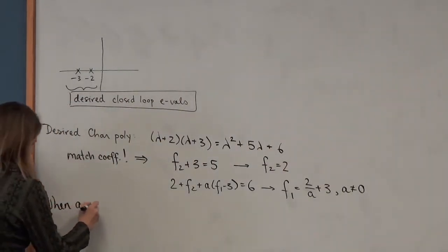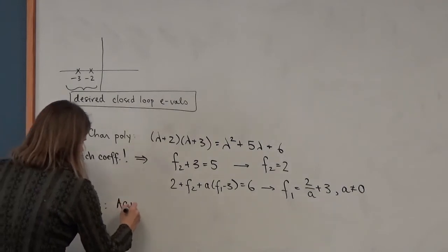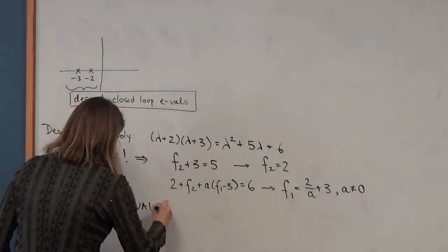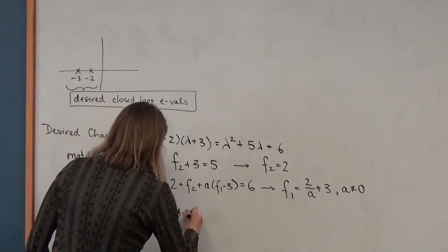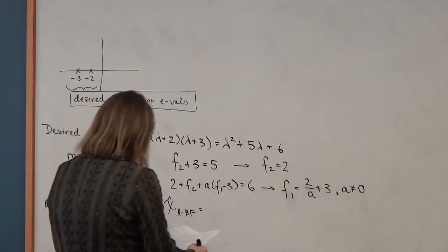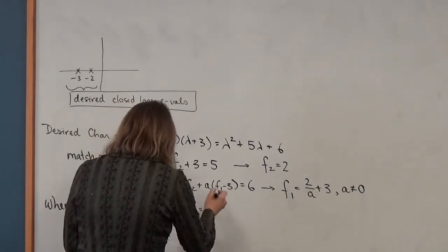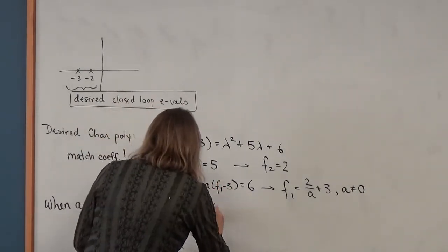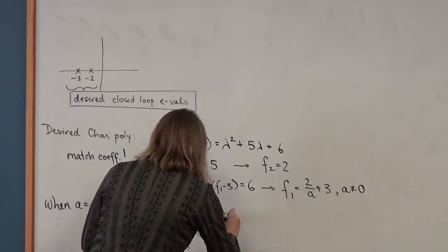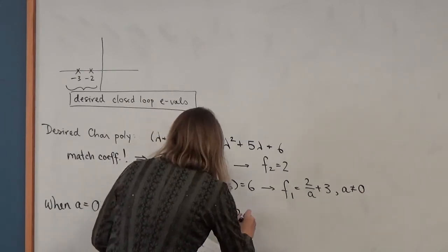So when A is equal to 0, the actual characteristic polynomial, chi hat of A minus BF, is just dependent on F2. And if you drop the dependency on A and factor that polynomial, you can see kind of immediately what happens.